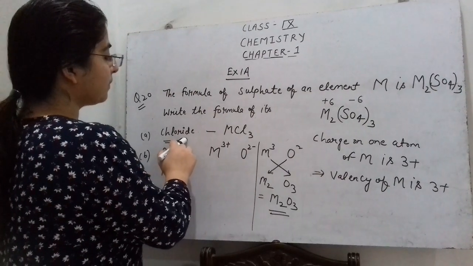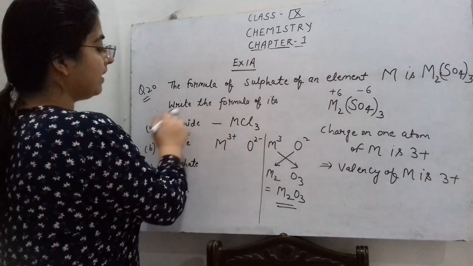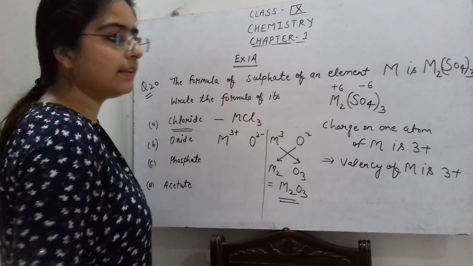So finally the formula of the chloride of element M is MCl3.